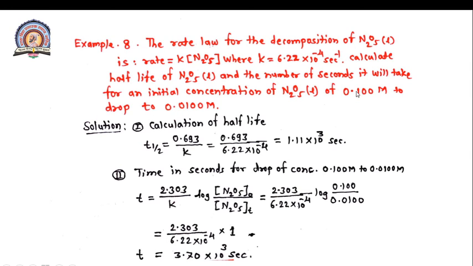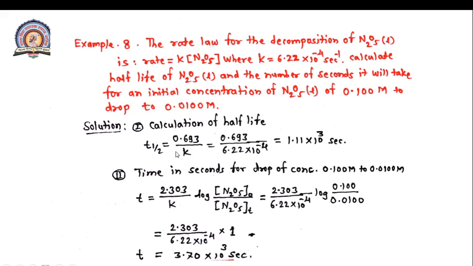That means the fall in concentration from 0.1 molar to 0.01 molar. The solution in this example is divided into two parts. First part, calculate the half-life period, and second part, the time in seconds for the fall in concentration from 0.1 molar to 0.01 molar.